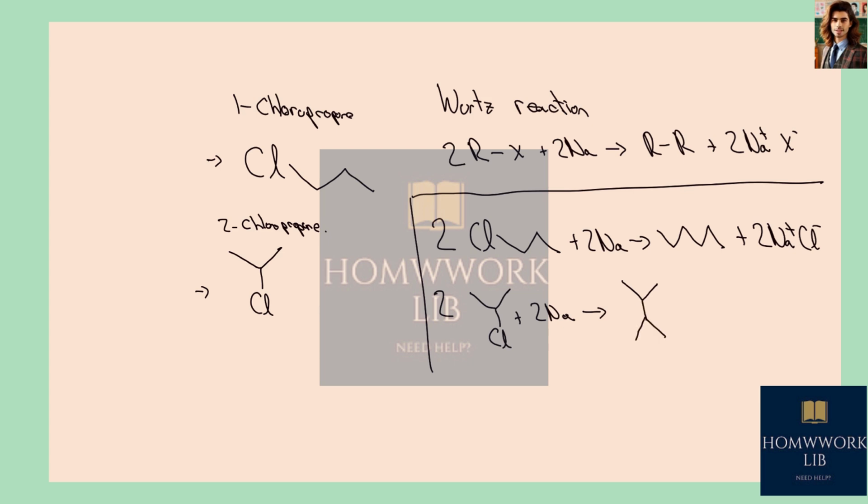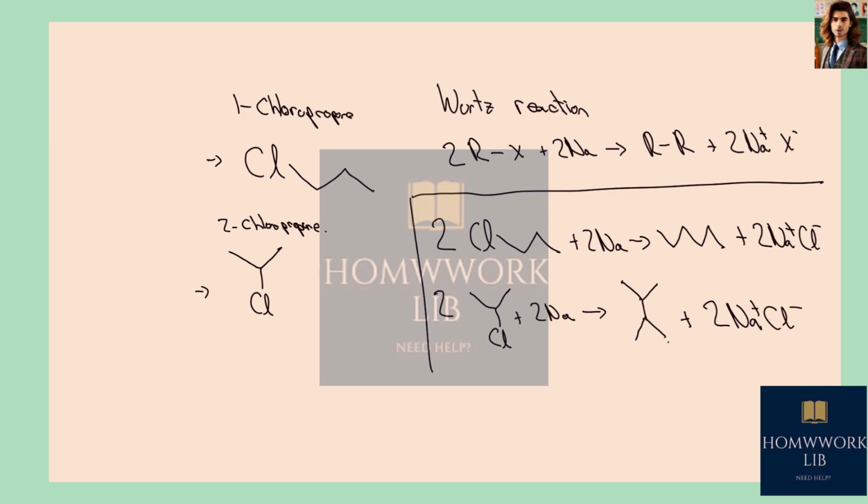This is the alkane that is going to be generated. And if you want to name it, it is 1, 2, 3, 4. So it is a butane. So it is going to be 2,3-dimethylbutane. And this is going to generate as well two equivalents of sodium plus chloride minus.